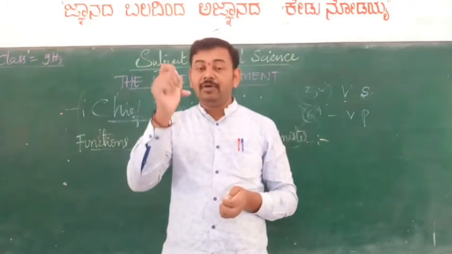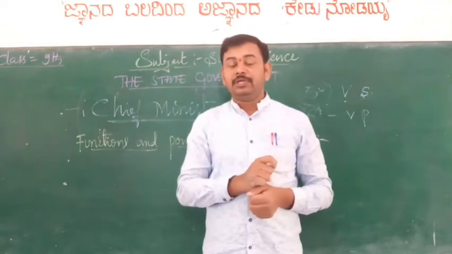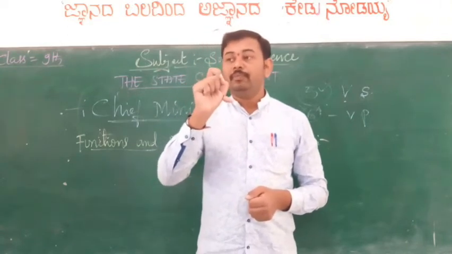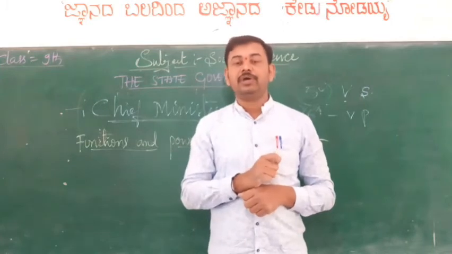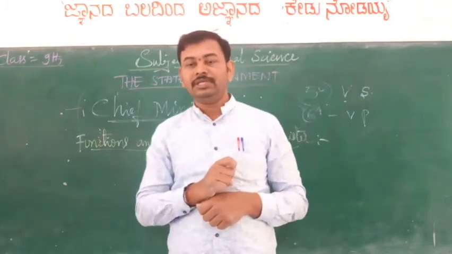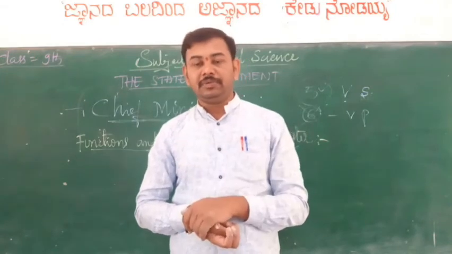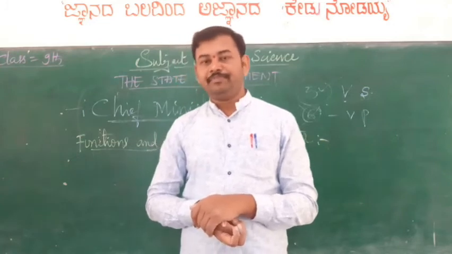So, in the matter of Vidhana Sabha's dissolving, the chief minister's recommendation is the important suggestion to the governor. Isn't it? He has the power to dissolve the legislative assembly before the expiry of its term.